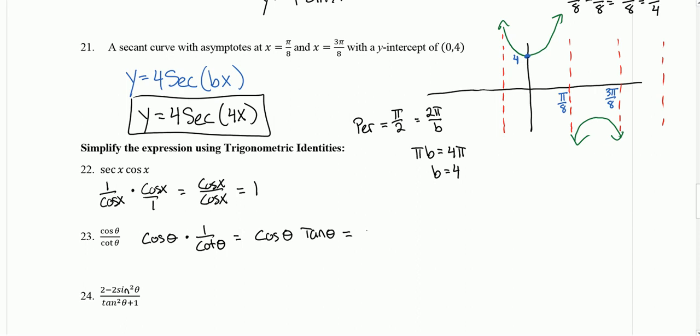Tangent is the sine over cosine, so this is cosine theta times sine theta divided by cosine theta. And then the cosines cancel out, and we just end up equaling sine of theta.